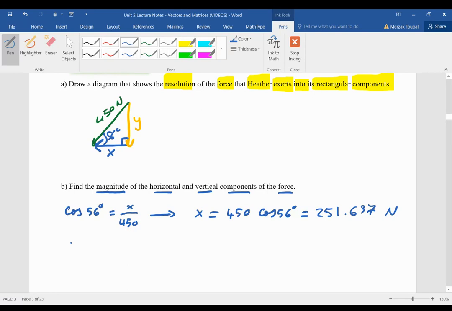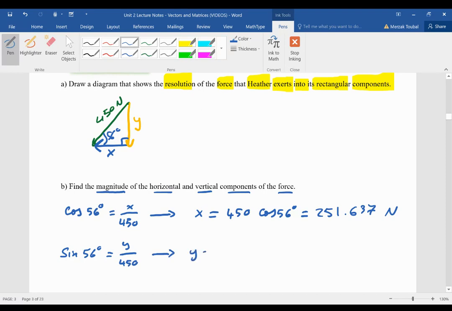Now, in regards to x, the horizontal component, we found its magnitude. Let's now do the vertical component. Let's find the magnitude of the vertical component. So sine 56 equals opposite over hypotenuse. So it's y over 450.